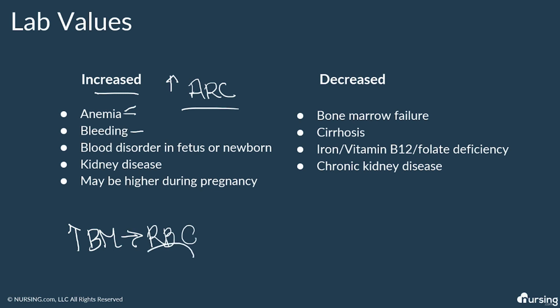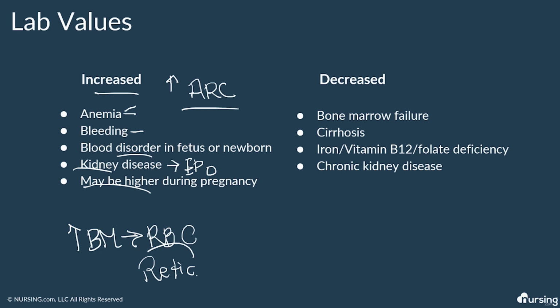And what are red blood cells first? Reticulocytes. Very good. It can also be increased in fetuses or a newborn with blood disorder. It does also rise in kidney disease because in kidney disease, it overproduces erythropoietin, like we talked about on our first slide. Now, it can also be normal for the absolute reticulocyte count to be elevated during pregnancy.